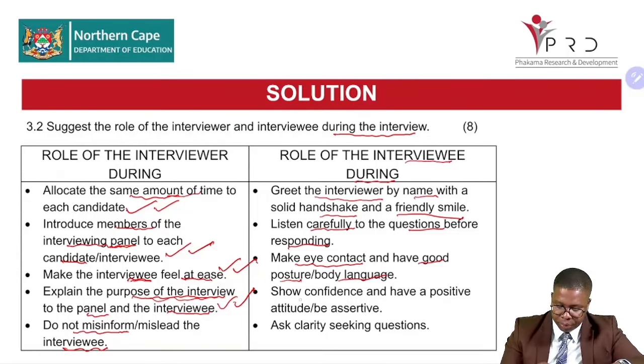The management of Impala Construction invited shortlisted candidates to attend the interview. Now, name 3 examples of fringe benefits offered by Impala Construction in the scenario above. Then 3.3.2, discuss the impact of the fringe benefits on Impala Construction as a business for 6 marks.